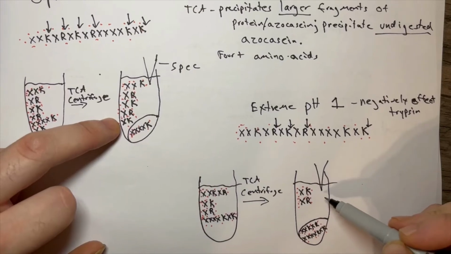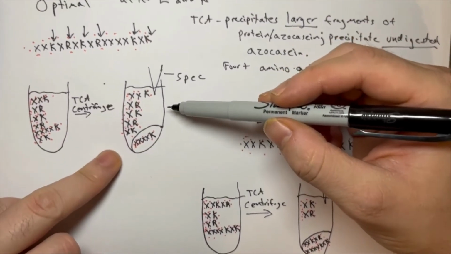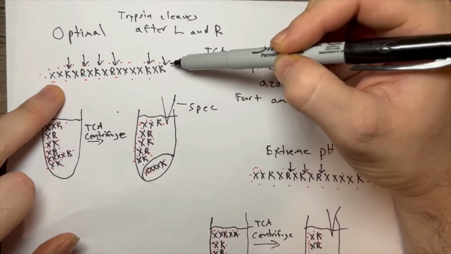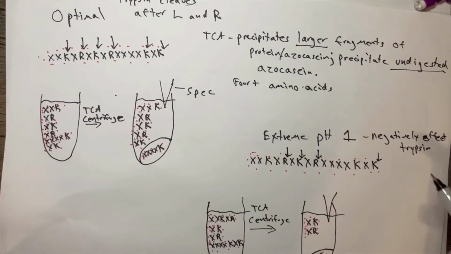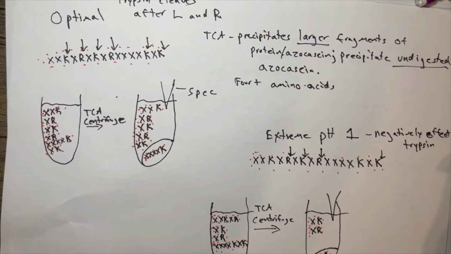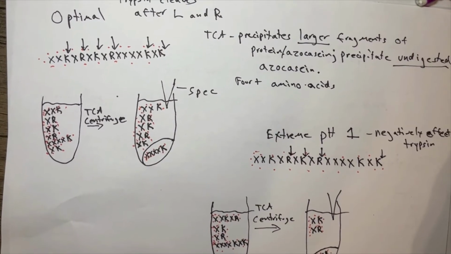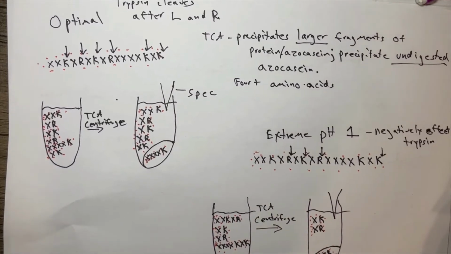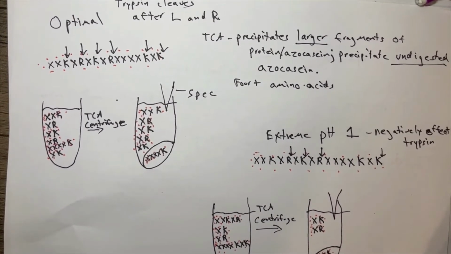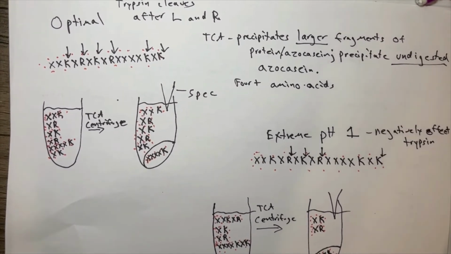This one will have the higher absorbance, which indicates higher trypsin efficiency, right? So that's how we're going to tell which conditions are more optimal for trypsin to cleave azocasein.